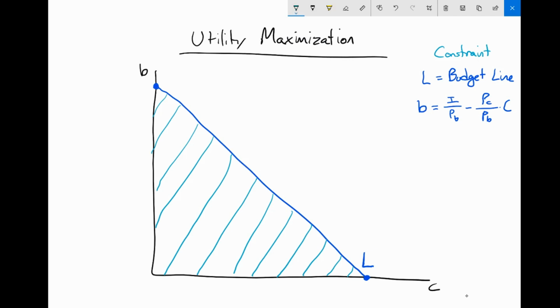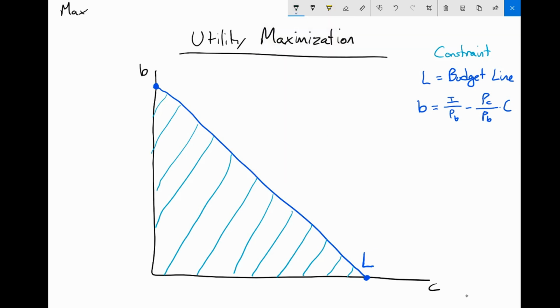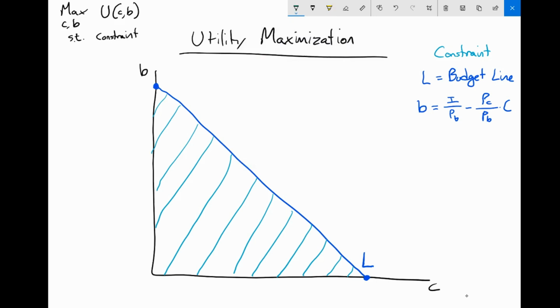Now I'm going to use green to represent the utility side. Remember, the utility maximization process, we want to maximize utility subject to the constraint. All right, so now graphically we've represented the constraint by showing the budget line. So now we're going to look at utility. If you remember, we can have indifference curves. Indifference curves are a graphical representation of the agent's preferences.